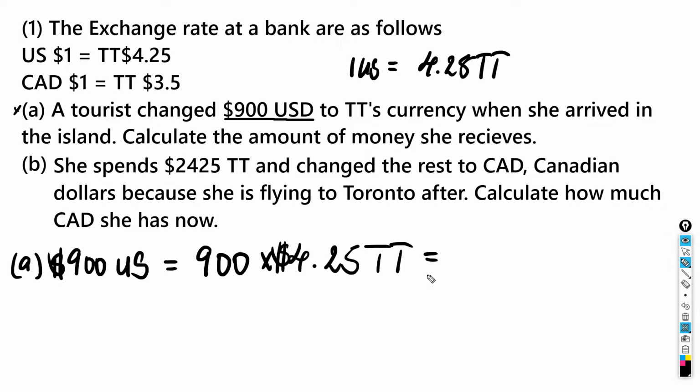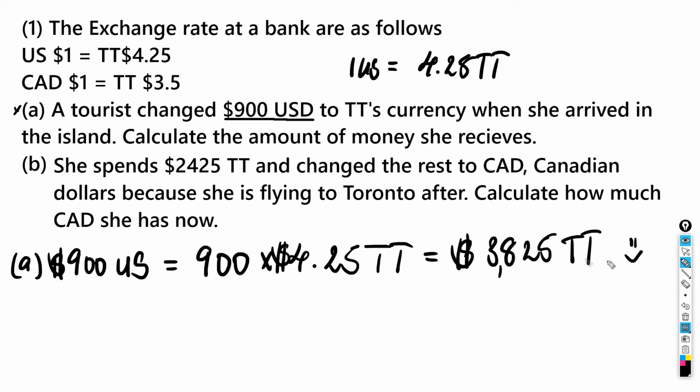Let's use our calculators, right? And we get 3,825 TT, okay? And that's the answer, 3,825 TT. Cool. So that's how much money she has now.